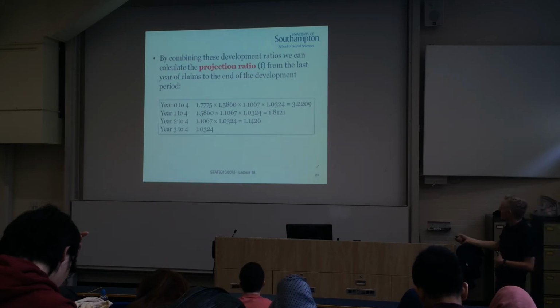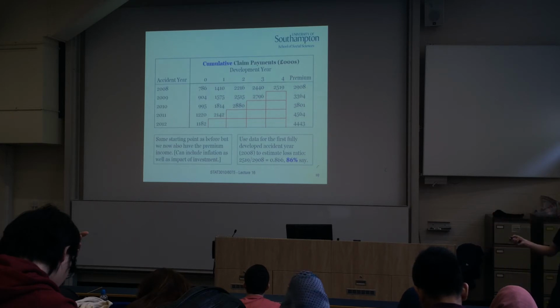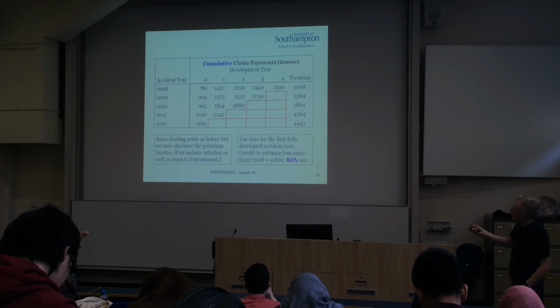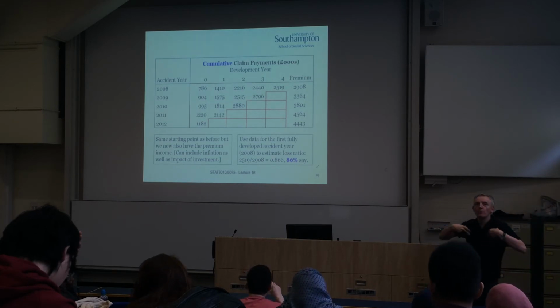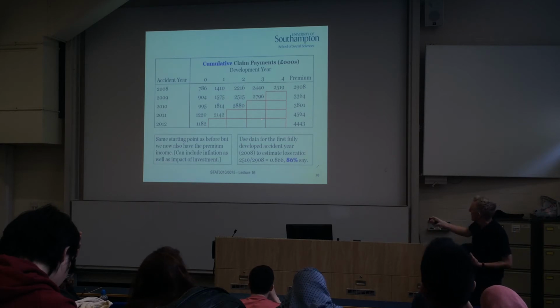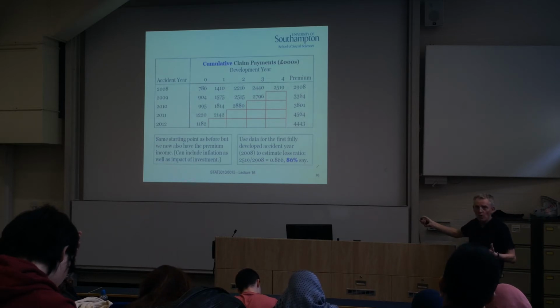Let's go back and look at an example again. 1 divided by that factor 3.22 tells you what this number here, 1182, is as a proportion of the total predicted cumulative payment by the end of development year 4.